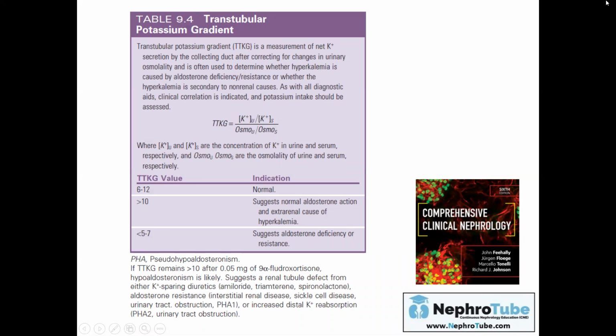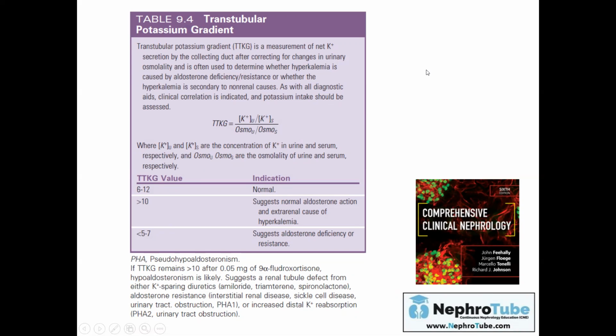But I will discuss it because it is available in the textbooks, and I will mention its values. The transtubular potassium gradient is an equation done by using the urinary potassium, serum potassium, urinary osmolality, and serum osmolality. In some other references, they use the serum and urine potassium and serum and urine creatinine.